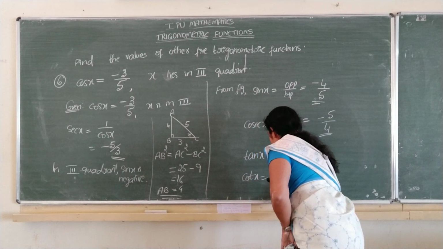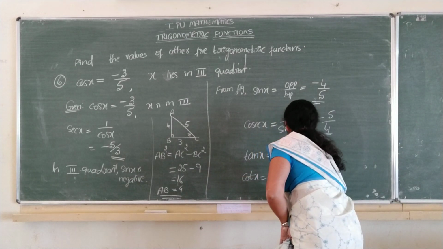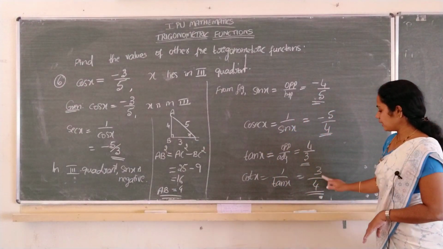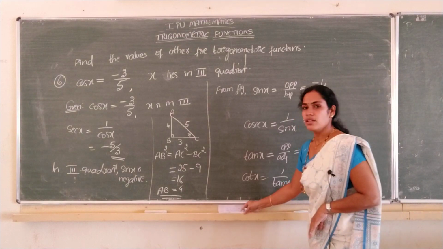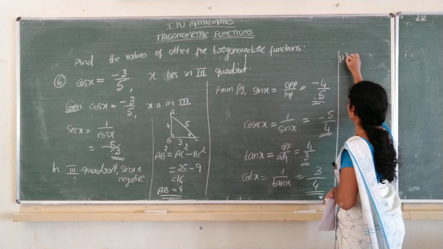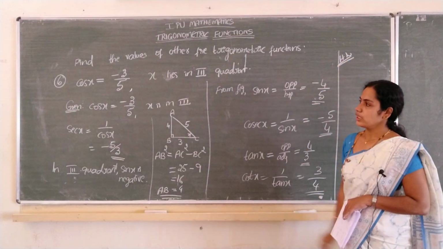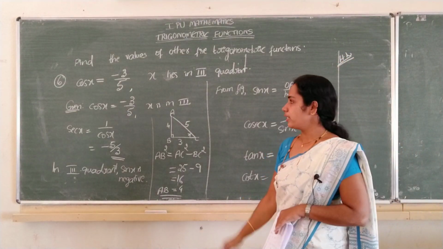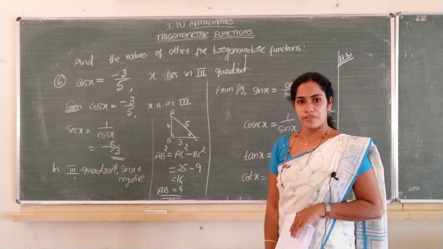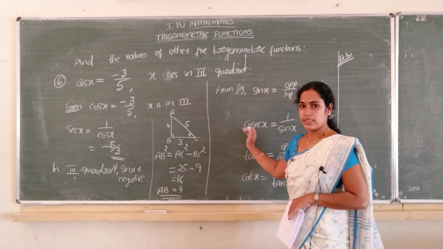Cot x is 1 by tan x. Reciprocal of this, that is 3 by 4. Okay. This is the method to find other trigonometric functions if one is given. Got it, right?